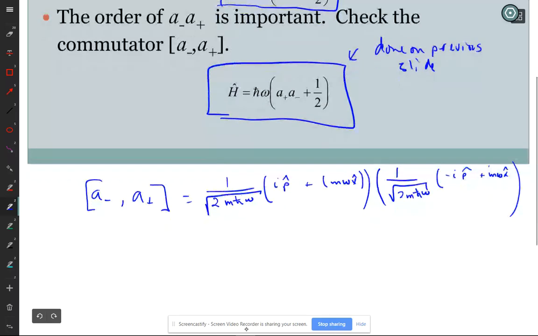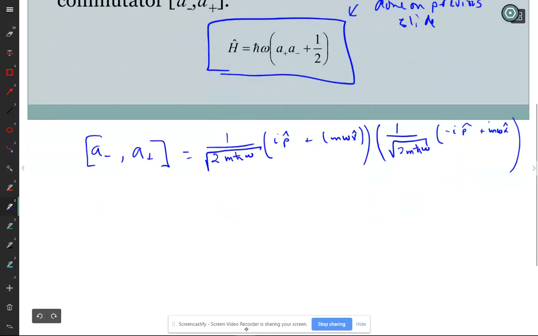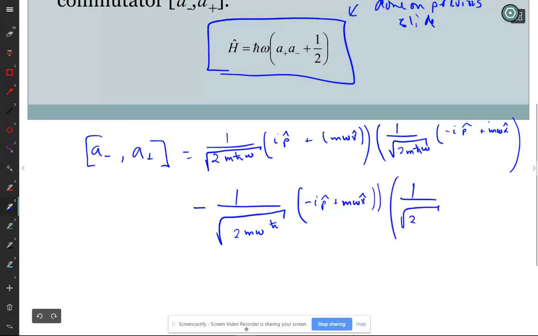That's the first half of it. Everybody wants to do this one, right?